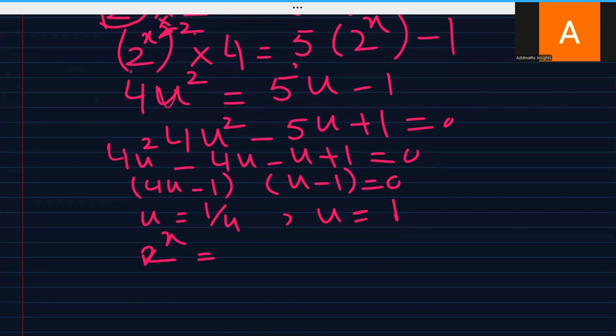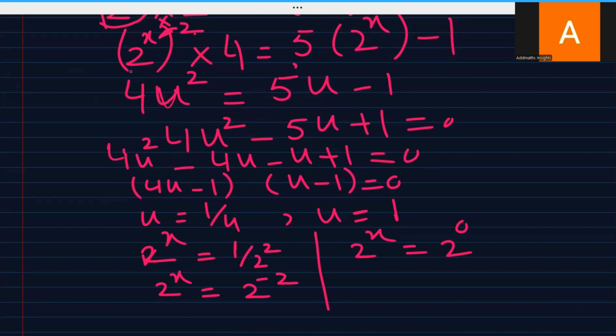And 1 by 4 can be written as 1 by 2 squared, so 2 raised to the power x is 2 raised to the power minus 2. And here 2 raised to the power x is 2 raised to the power 0, because if the power of a base is 0, then the whole term is equal to 1.